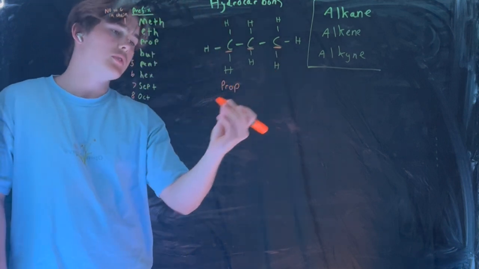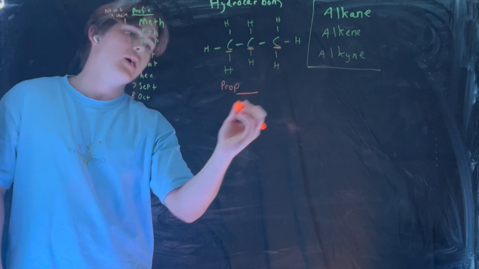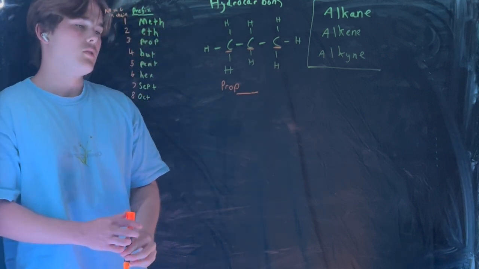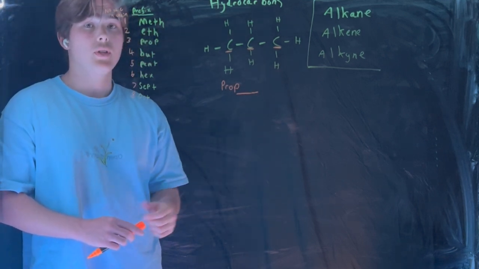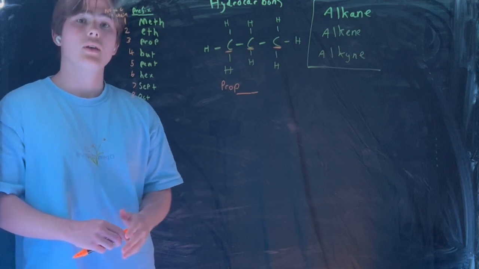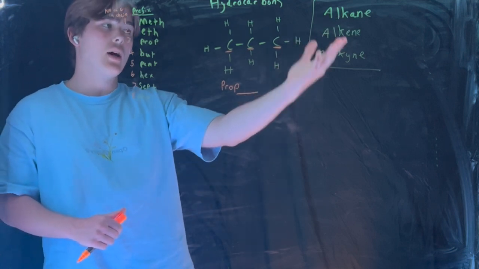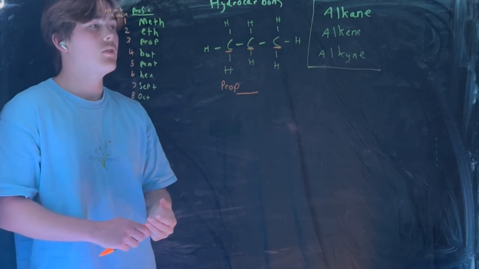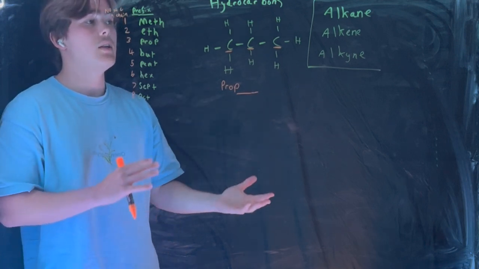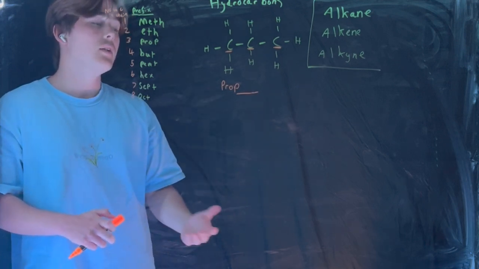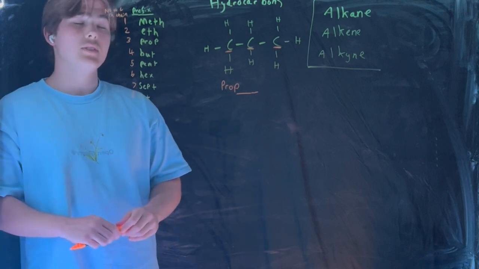But we still don't know the suffix, or the end part of the word. The second part of the word, the suffix, comes from these different types of hydrocarbons. Depending on whether it's an alkane, alkene or alkyne will determine the suffix.